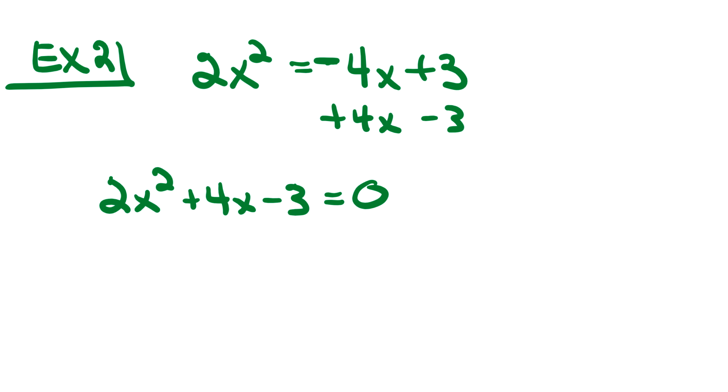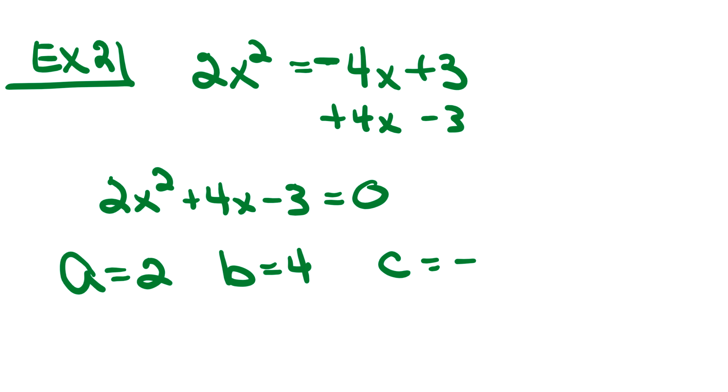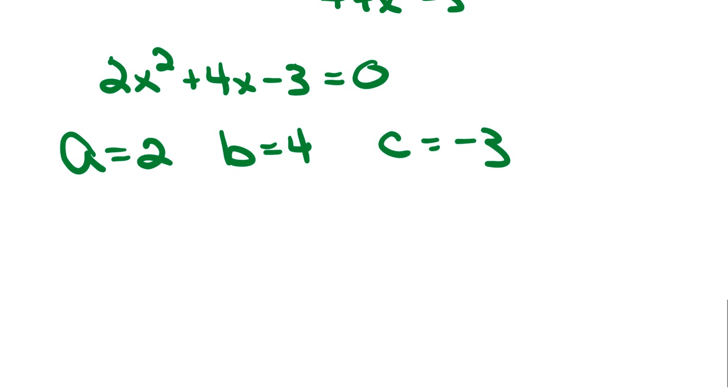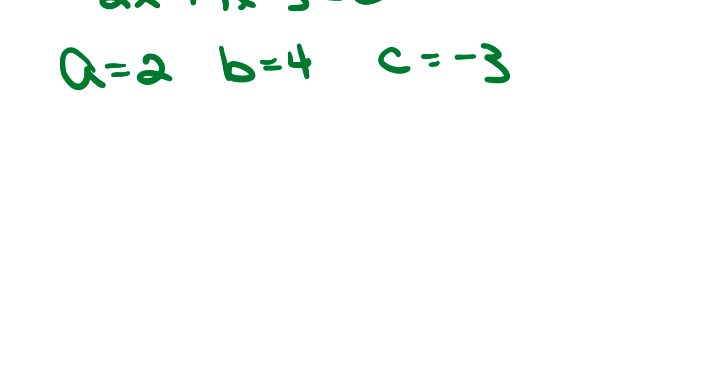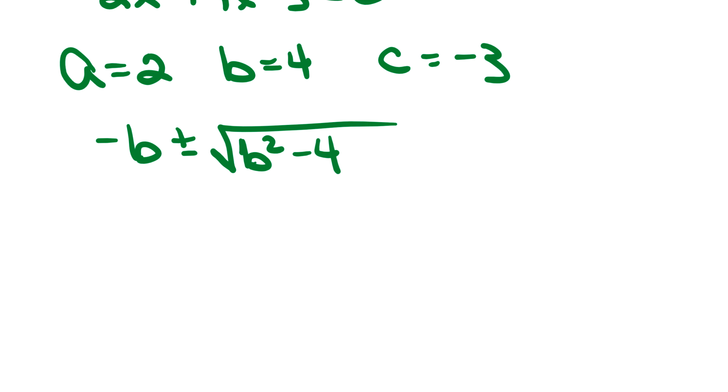the standard form. Now I want to list my values for A, B, and C. A equals 2, B equals 4, and C equals negative 3. Now I'm going to plug that into what I need for negative B plus or minus the square root of B squared minus 4 times A, which is 2, times C, which is negative 3.